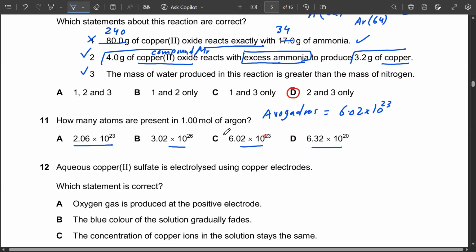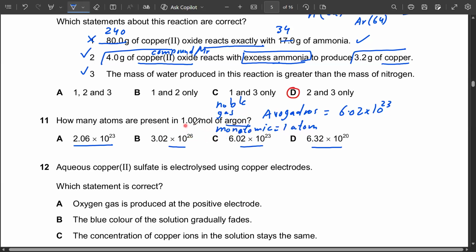Now, if we have argon, we know it's a noble gas, and being a noble gas, it exists in monoatomic form. By monoatomic, we mean it has only one atom in its molecule. There is no more than one atom.